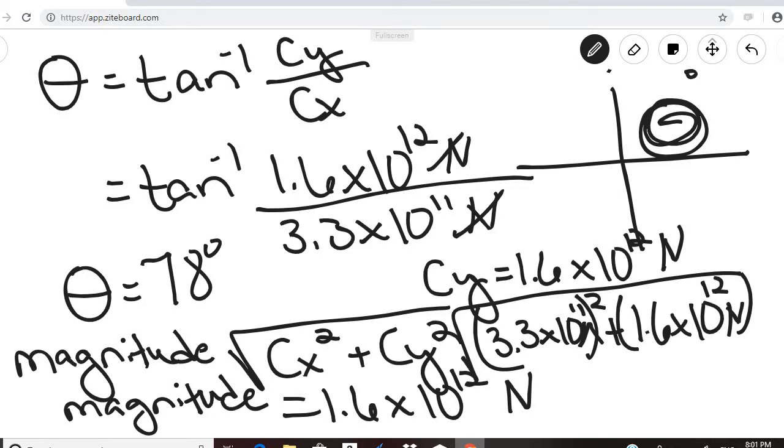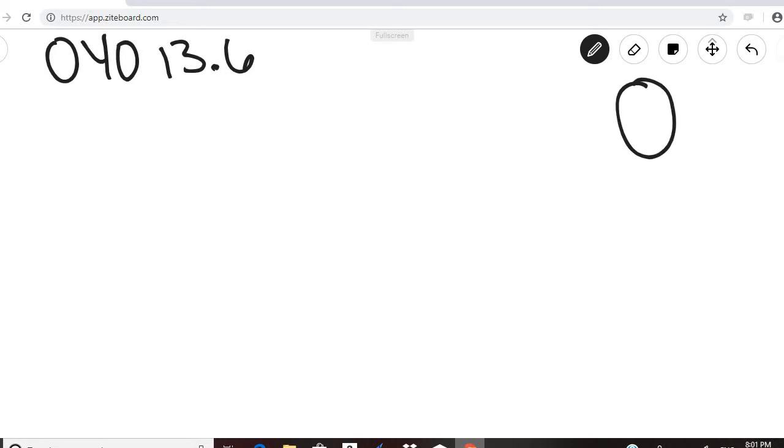Let's go ahead and do one more example of that before we run out of time. We're going to do, on your own, 13.6. Here's the drawing. We have our charges like this. They form an equilateral triangle.